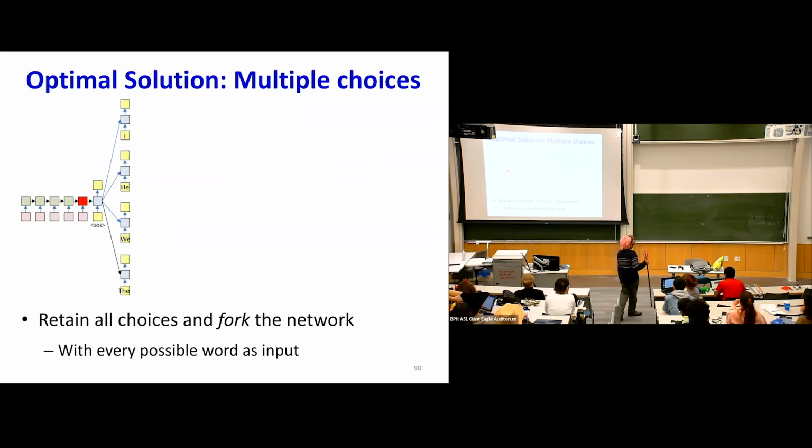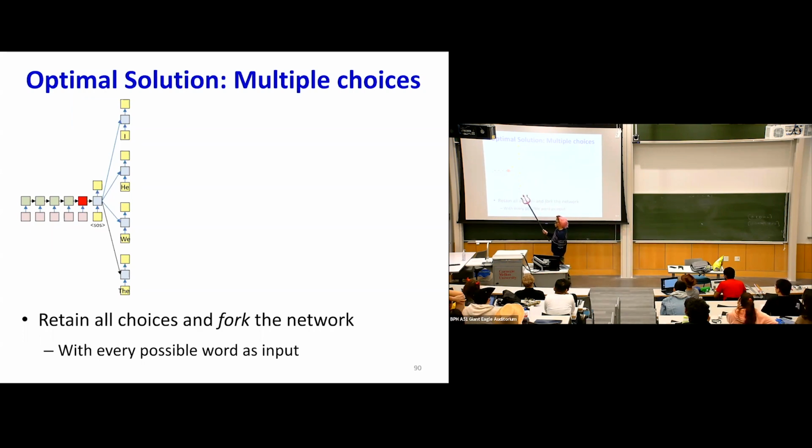I'm going to retain all my choices. So when I give it the startup sequence marker, it's going to generate probabilities for all the words. I'm going to make as many copies of my network as I have words in my vocabulary, and then feed each copy one of the words in my vocabulary.